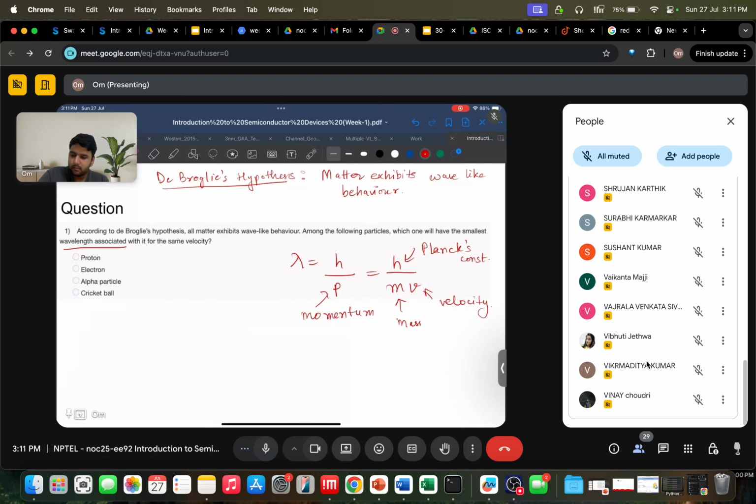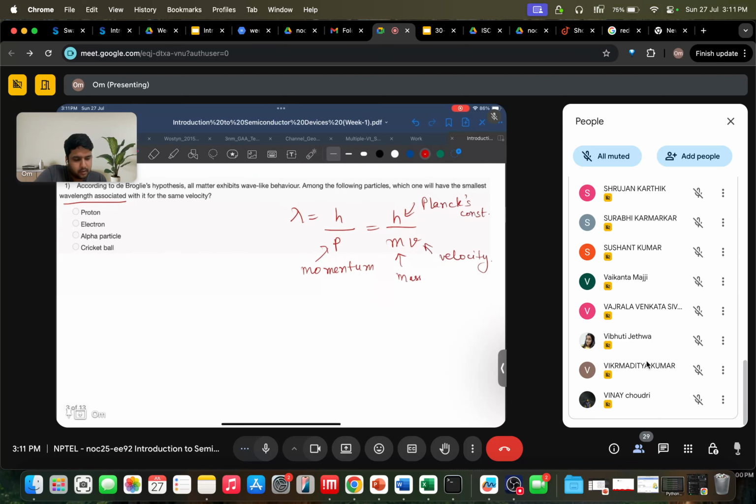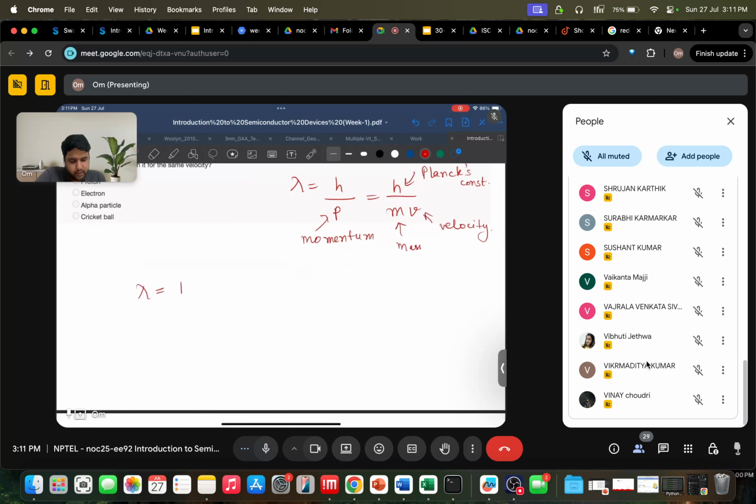The question says which among the following will have the smallest wavelength associated with it for the same velocity. So we have lambda equals h upon mv.